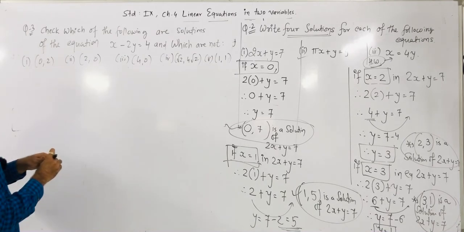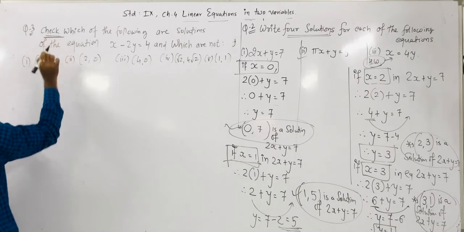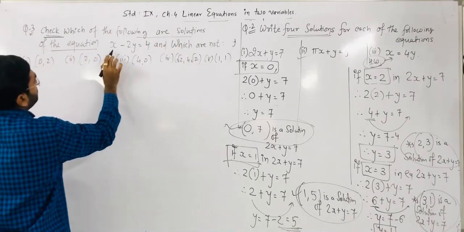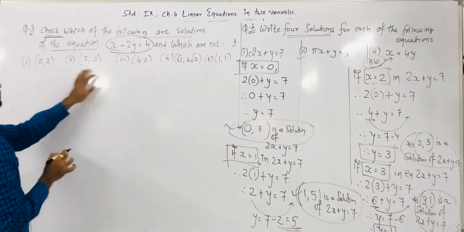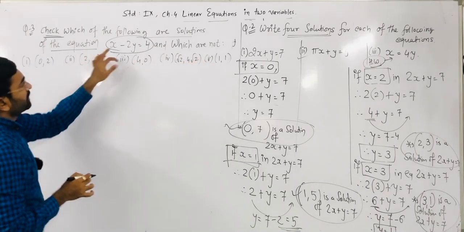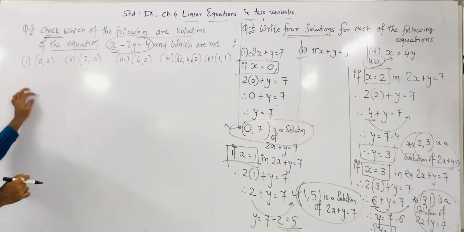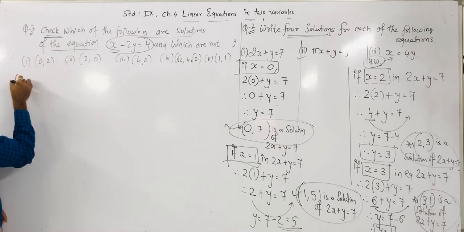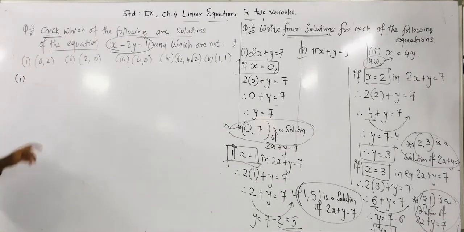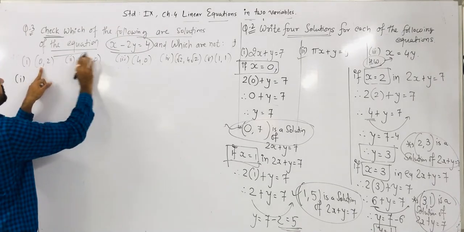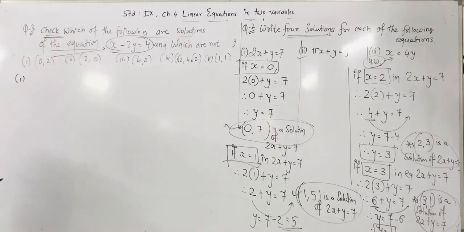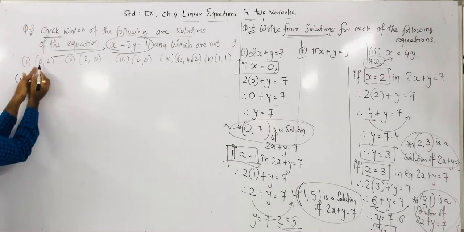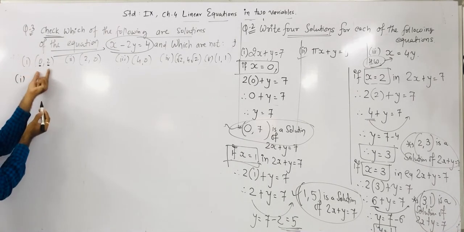Now, see the question. We have to check which of the following are solutions of the equation, and which are not. For checking, if I take the first one, we have to check whether 0, 2 is a solution of that equation. Here x is 0 and y is 2.